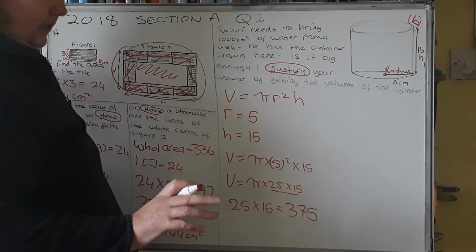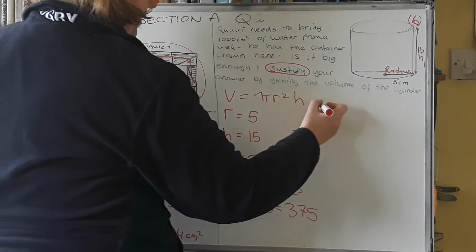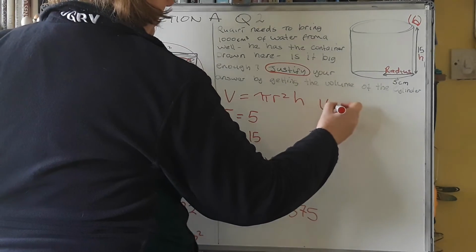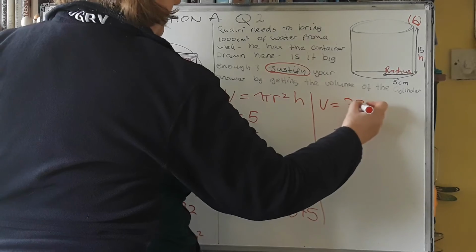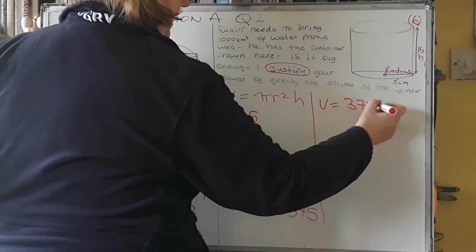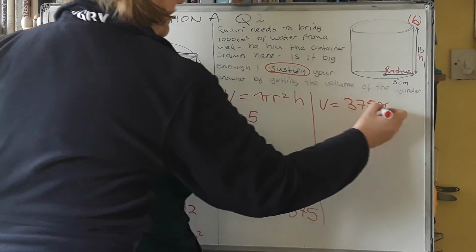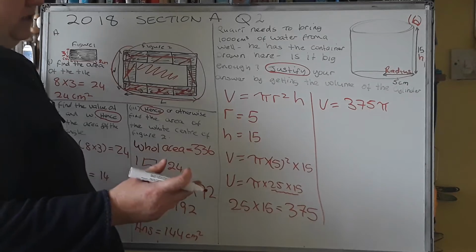Obviously, use your calculator for everything. So now we know that the volume is 375, and now at this time you can write back in your pi, and you can just write it beside it because you know that means you have to multiply it.